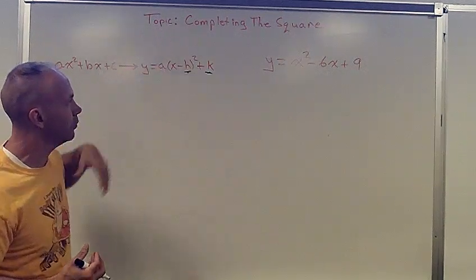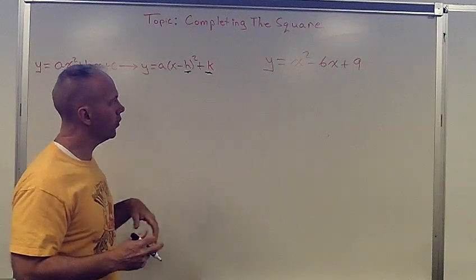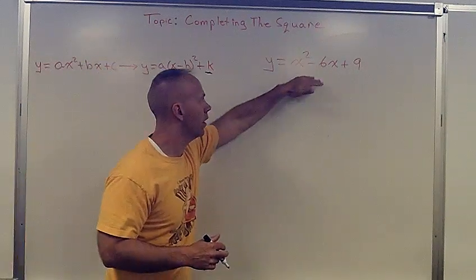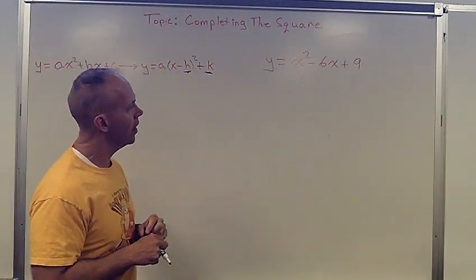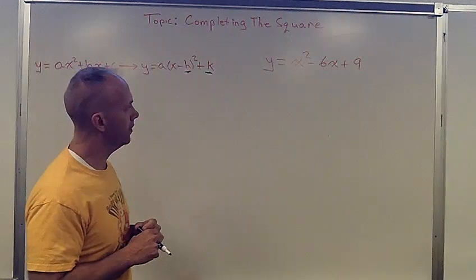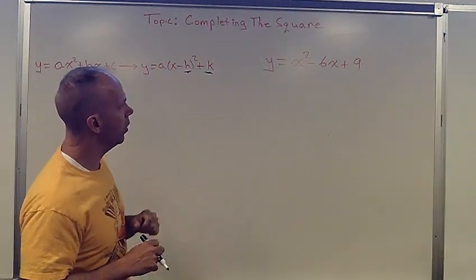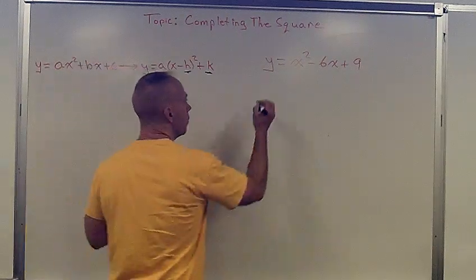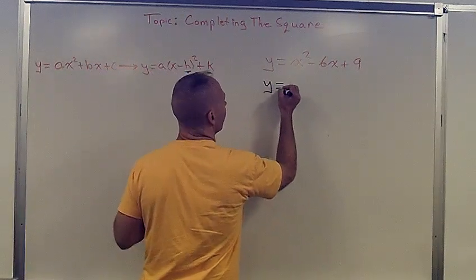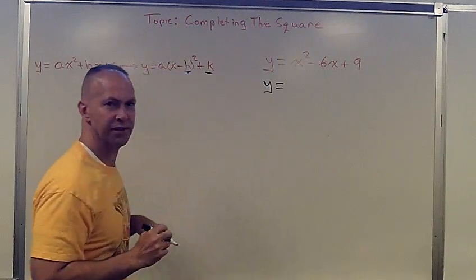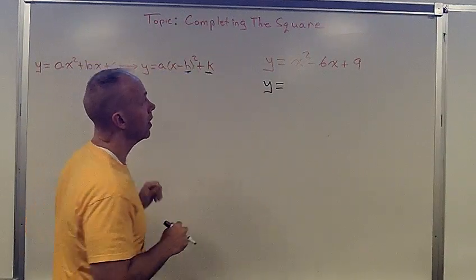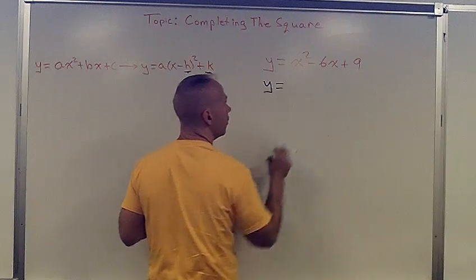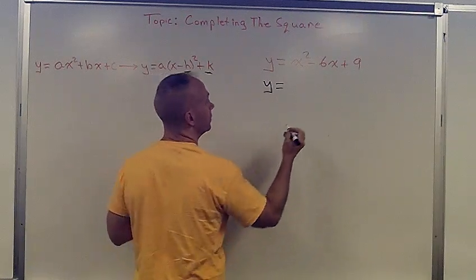Before we get into actual completing the square, we're going to look at a special trinomial, x squared minus 6x plus 9. This is something we call a perfect square trinomial. If you recall back when we learned how to factor basics at the beginning of the term, a trinomial factors into two binomials.